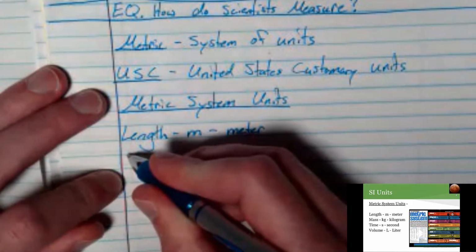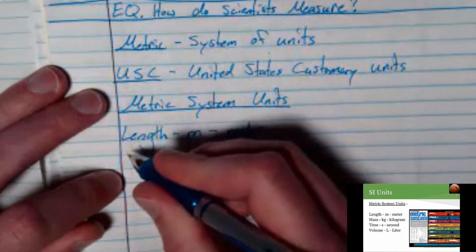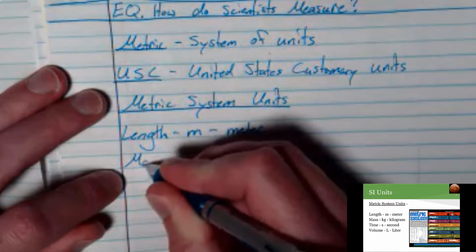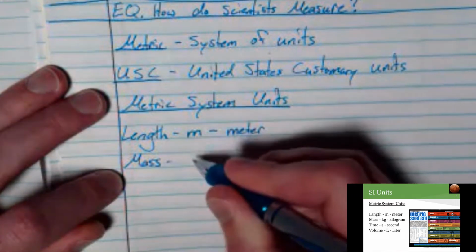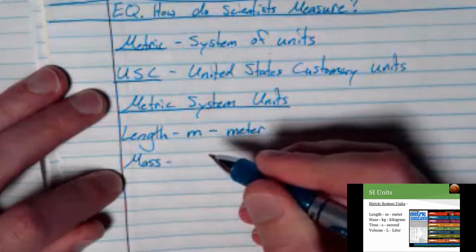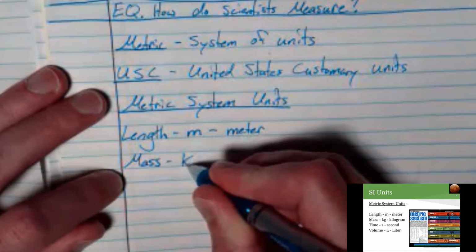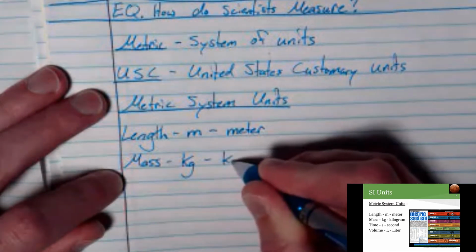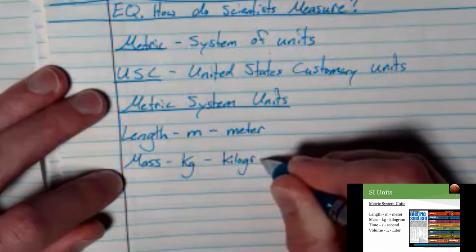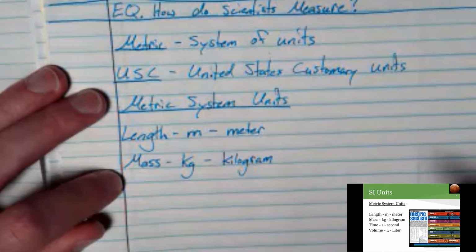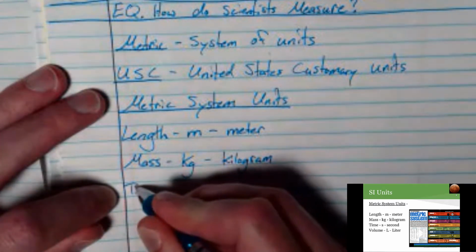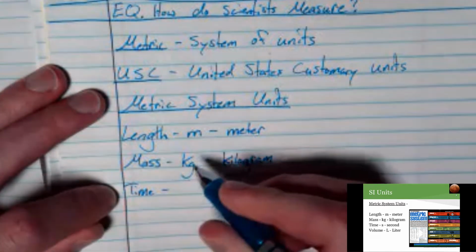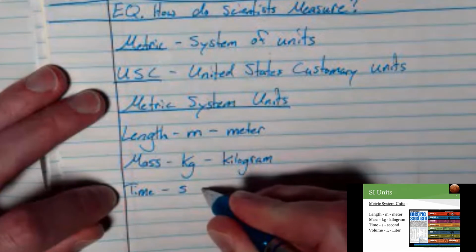So we have length, and I'll put a space. Mass, which we're going to use grams or kilograms. In this case, we'll just put kilograms. Time, which is pretty universal. I feel like most people understand why that's important. That's in seconds.